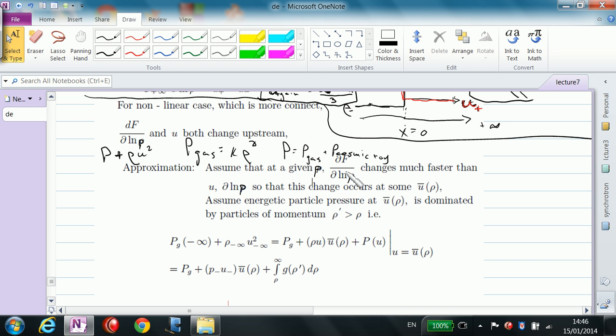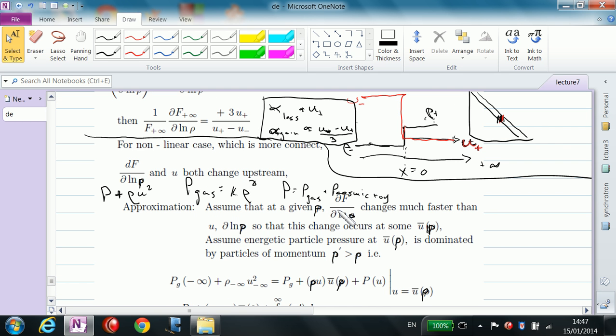All right. So let's suppose that at any given momentum, all right, I want to draw another picture to explain this approximation better.